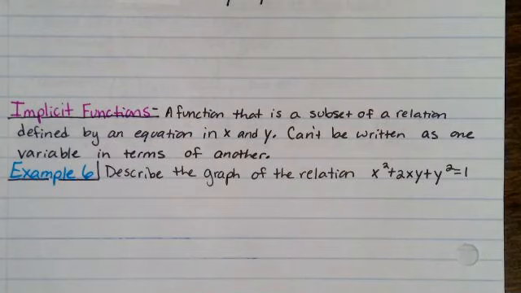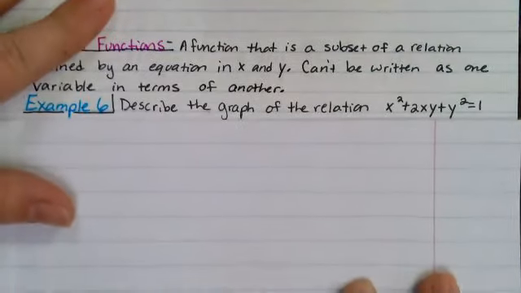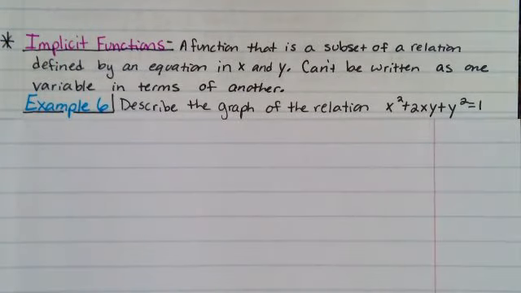So we're going to look here. You see example 6, they said describe the graph of the relation x squared plus 2xy plus y squared equals 1. So what we're going to do, because not every single calculator allows you to actually type stuff in that way, especially some of the older ones don't necessarily have a feature that lets you type things in that way.